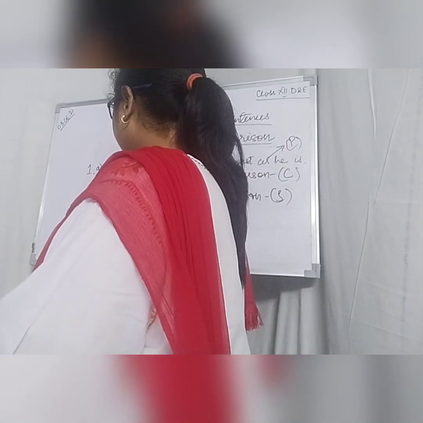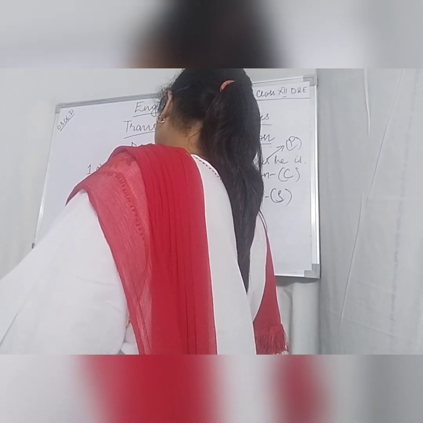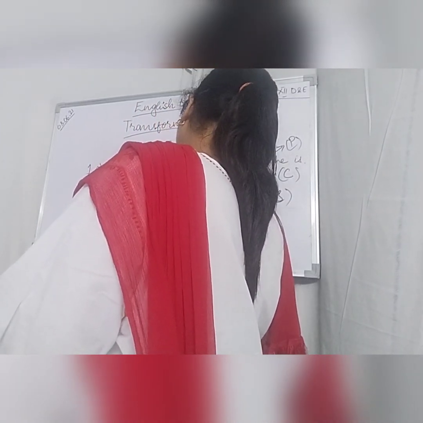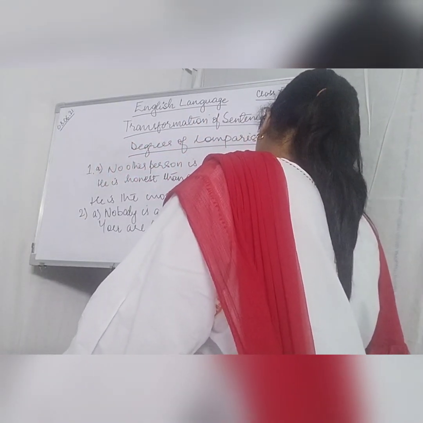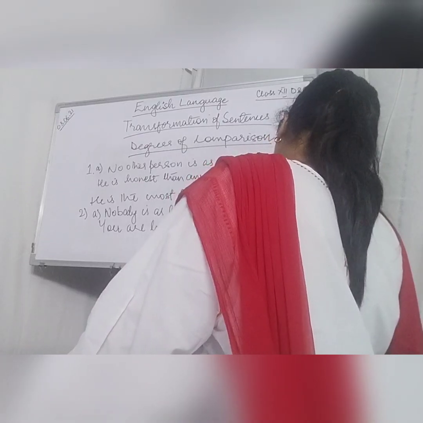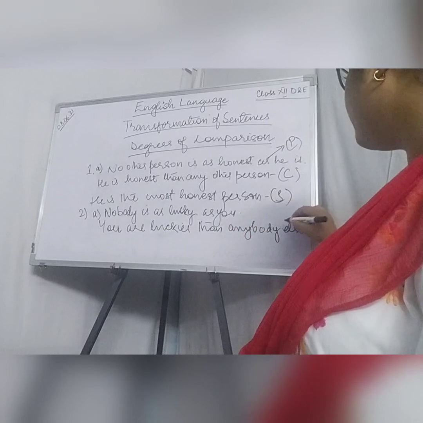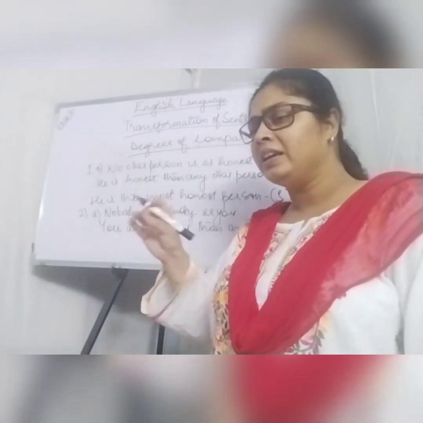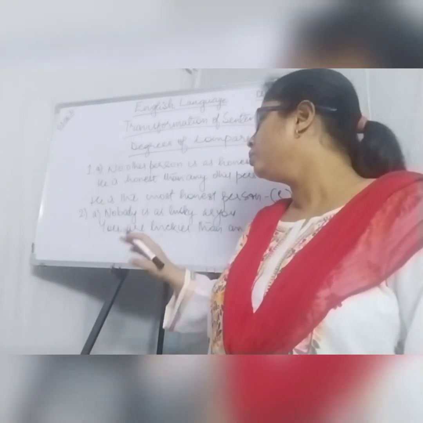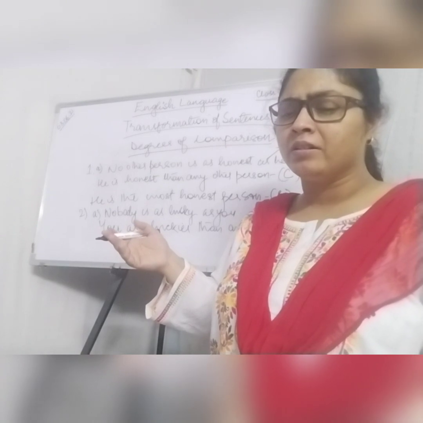You are luckier than anybody else. Now this becomes comparative degree. IER is comparative. IEST is superlative. So when we write superlative degree, how will we write?